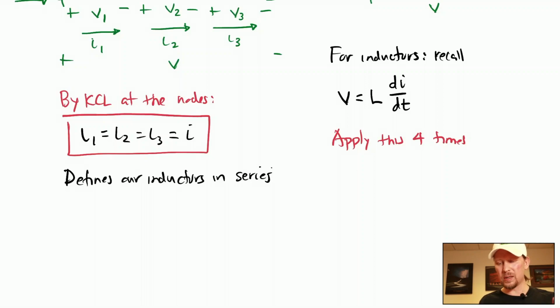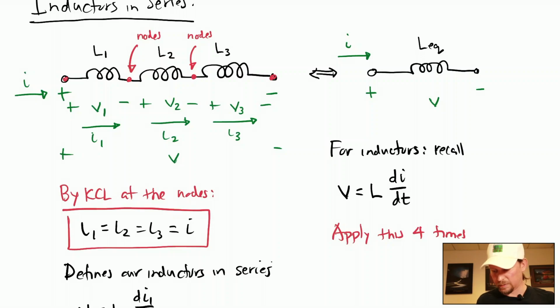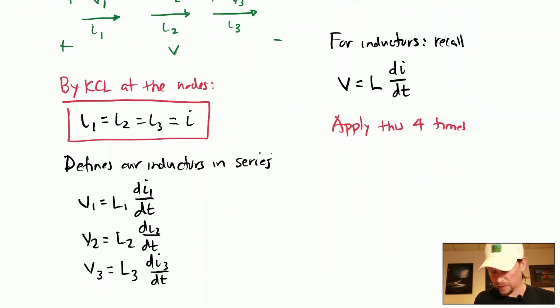So immediately by applying this formula, I can write down that V1 is equal to L1 times di1/dt. V2 is equal to L2 di2/dt. V3 is equal to L3 di3/dt. And on the circuit on the right-hand side, we also have that V is equal to L equivalent di/dt like this.